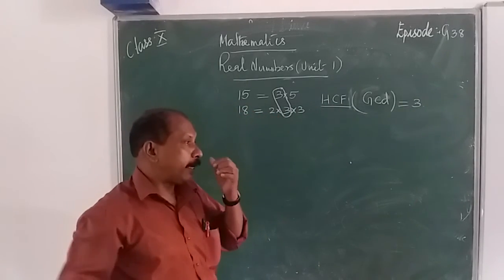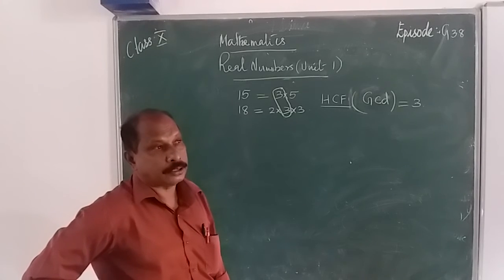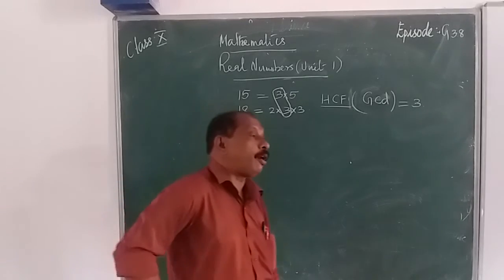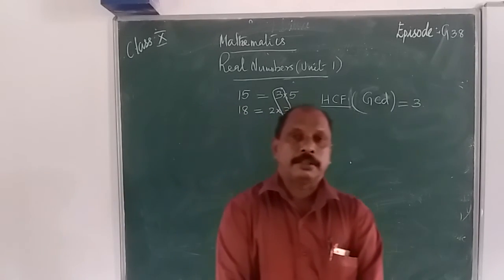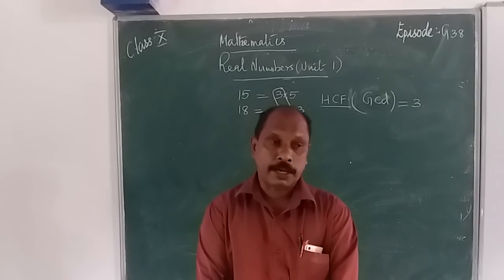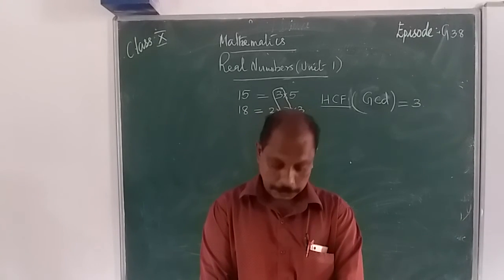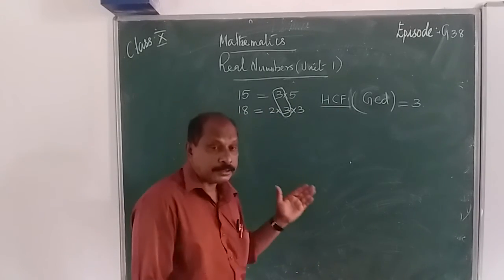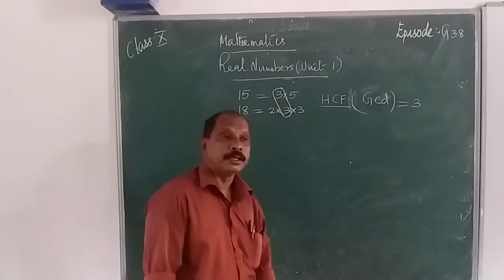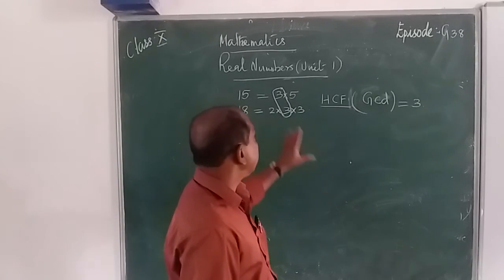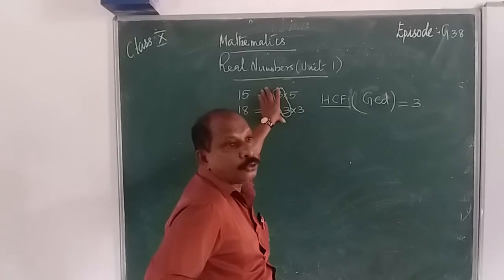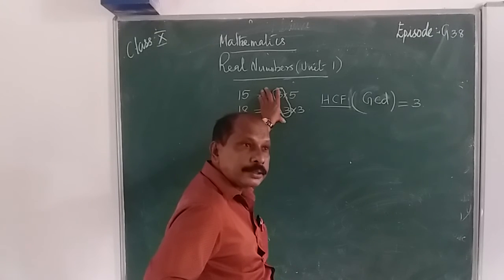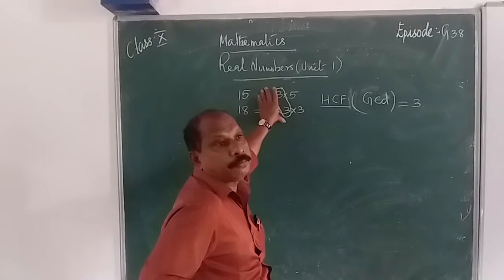That means we can find out the highest common factor or HCF of given numbers. First of all, we express the numbers as the product of prime factors with the fundamental theorem in algebra. Then the common highest number between these given numbers, that is HCF. This is the method to find out HCF by prime factorization method.